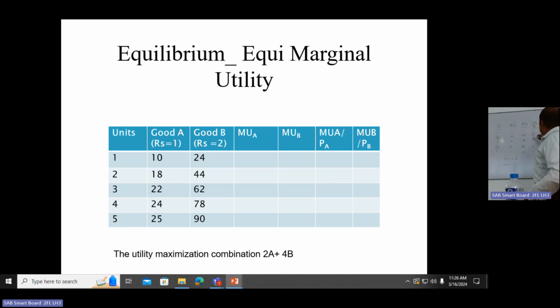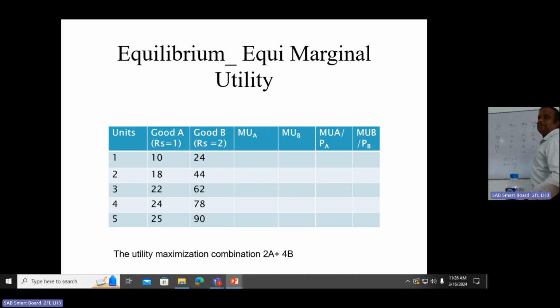Sometimes the first condition is satisfied by two or three different combinations. Here we luckily get only one combination.